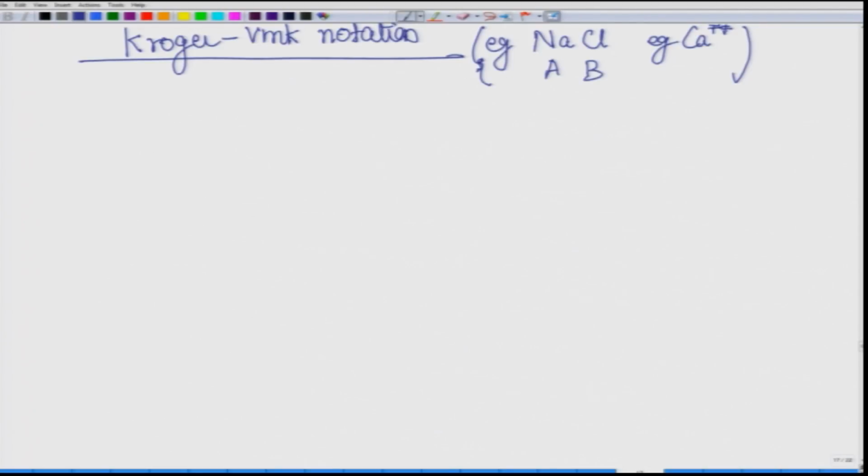As I said, calcium has a 2 plus charge, and in NaCl, as we already know, Na has 1 positive charge and chlorine has 1 negative charge. Now there are 3 different kinds of sites: A site, B site and interstitial site.